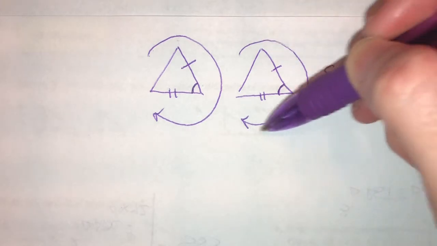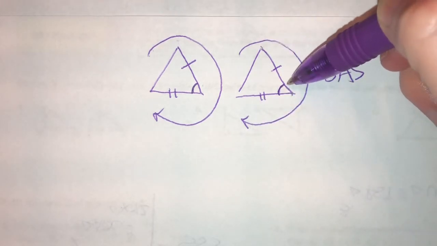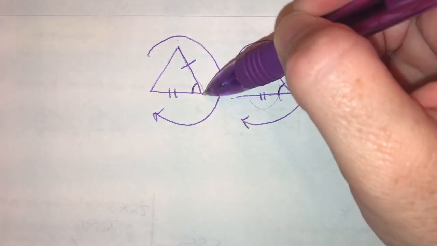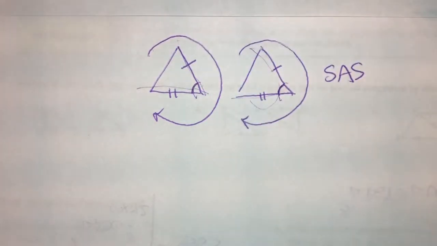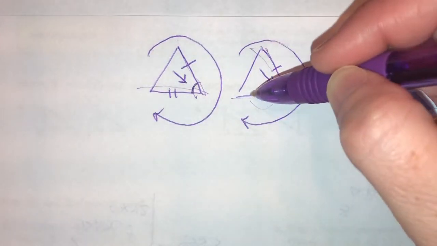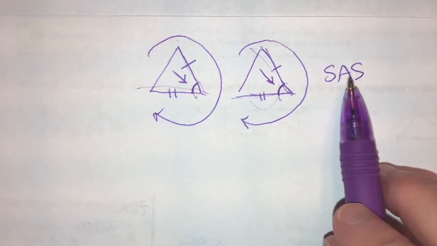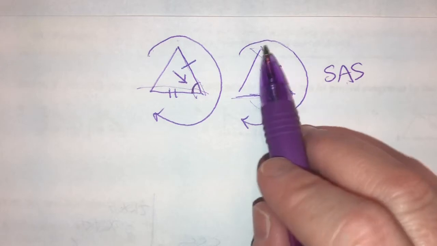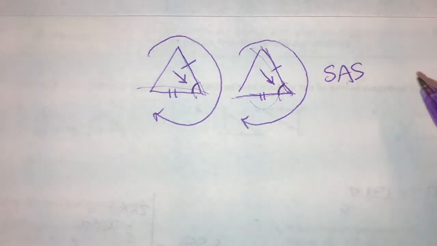It's literally a side, an angle, and a side as I go around the triangle. This is called an included angle because it's in between the 2 sides. Just like the A is in between the 2 S's, the angle is in between the 2 sides.